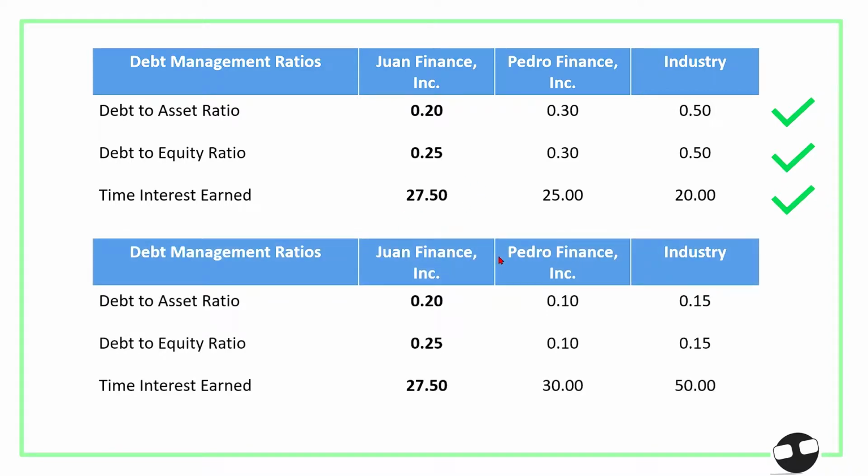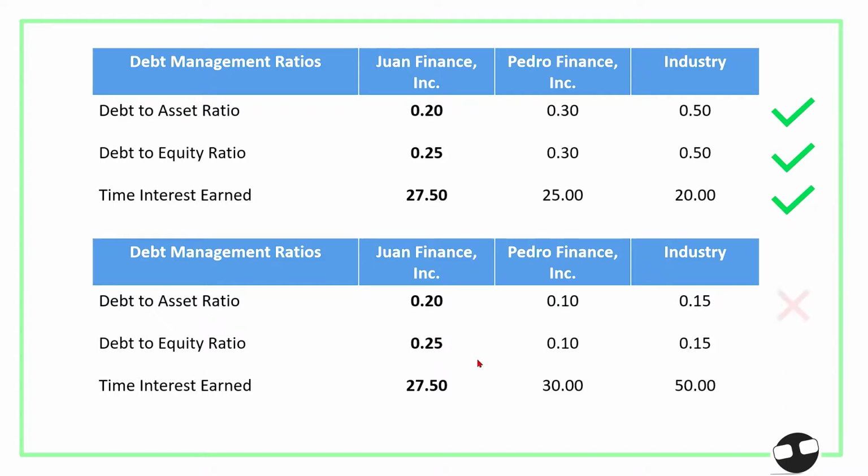But if you're going to look at it the other way around, the debt ratios here are actually higher than the competition in the industry. So the company here is highly leveraged, we can say. The exposure of the competition in the industry is far below their debt ratios.